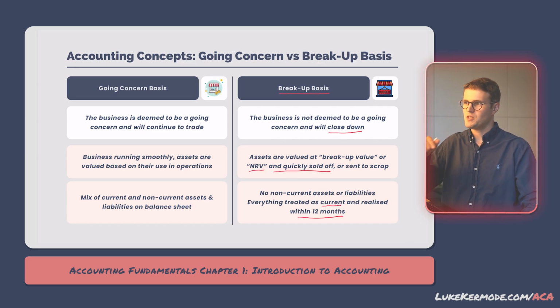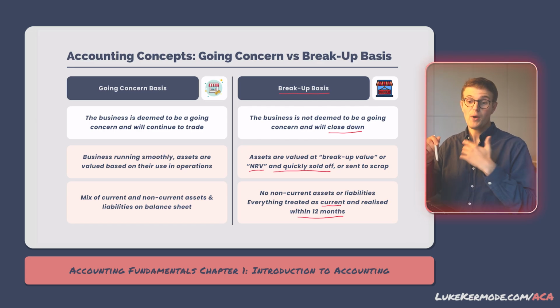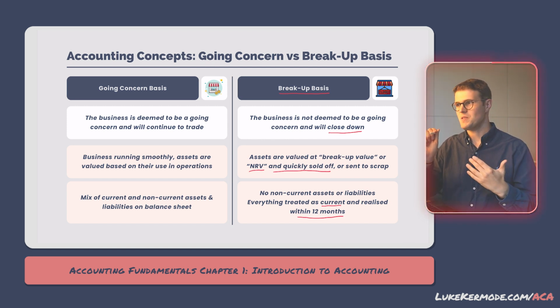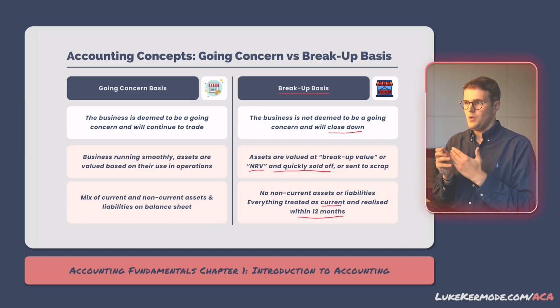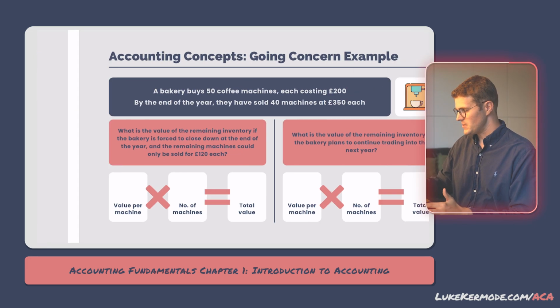Under the breakup basis, we assume the business is closing down. Assets are valued at what they could be sold for quickly, and all liabilities are treated as immediately due. This shift has a huge effect on the financial statements and on the message those statements send to investors. That's why it's so important to determine whether the going concern assumption applies for a business.